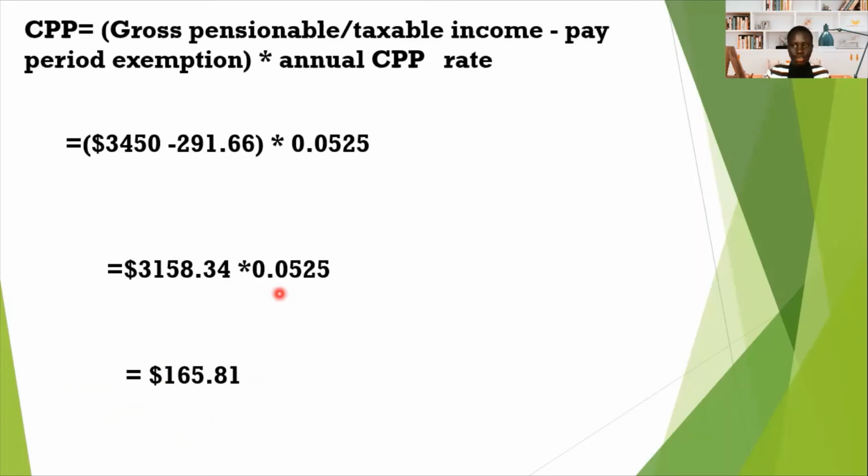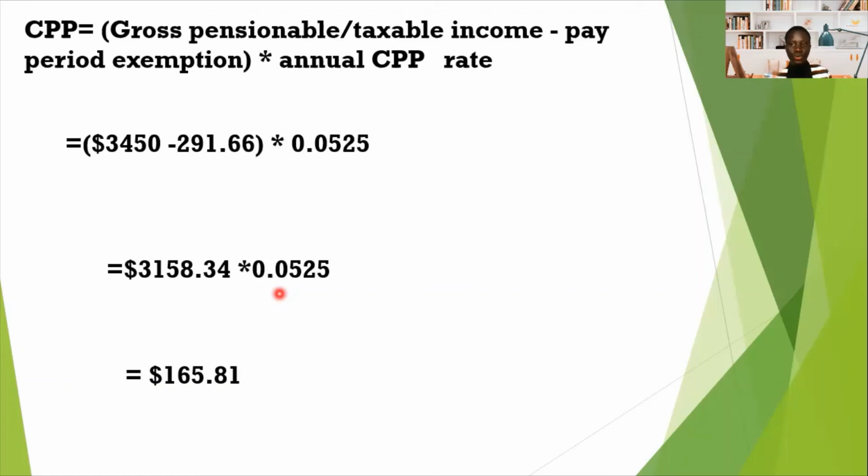So how much do you work a week? How much do you earn weekly? Like your gross amount. If you're being paid $16 and you work 40 hours a week, times 16.